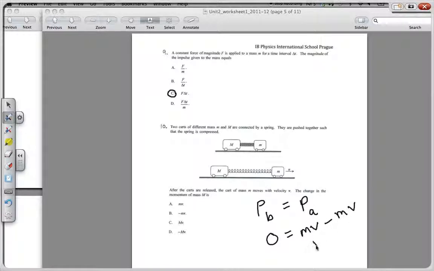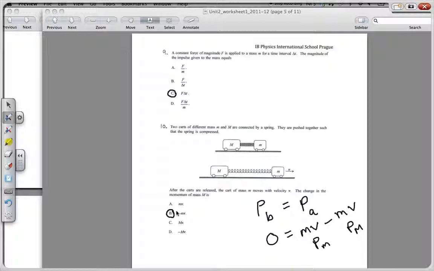If this is the momentum of cart m, then this must be the momentum of cart capital M. So it must be this one over here, 10b. It must equal minus mv, because we get conservation of momentum.